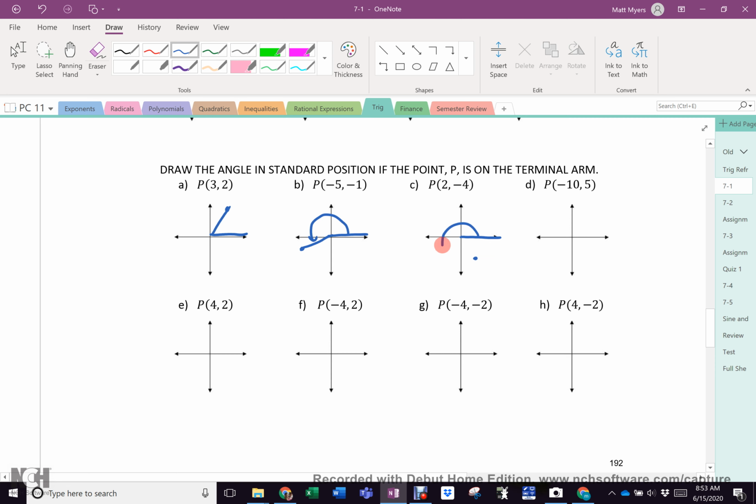So I got to go all the way around to there. -10, 5. So I got to go to there. 4, 2. So I got to go to there. -4, 2. I got to go to there. -4, -2. I got to go to there. And 4, -2. I got to go all the way around to there.